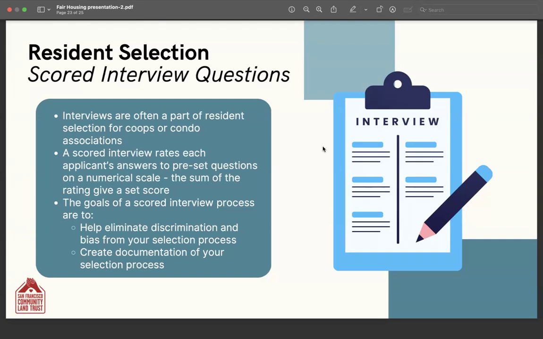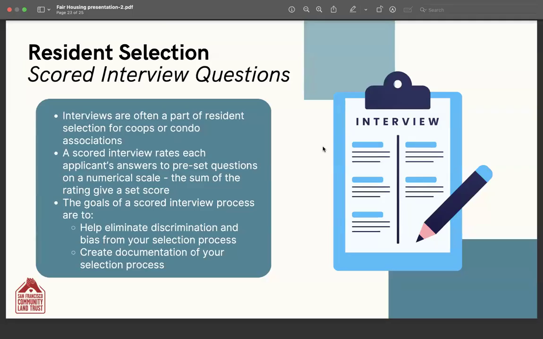So by having a preset set of questions and by scoring them and making sure those questions are specific to the housing community and what it takes to be a member of that housing community, which we'll talk about next, that eliminates as much bias and discrimination as possible in this process.